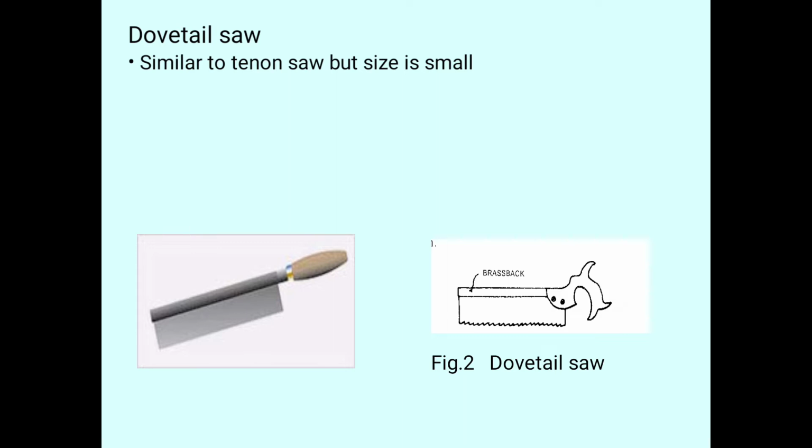Next, the blade is fitted to an open handle. Here we can see the blade of the saw is fitted to an open handle, not a closed handle. So totally it will be an open handle.